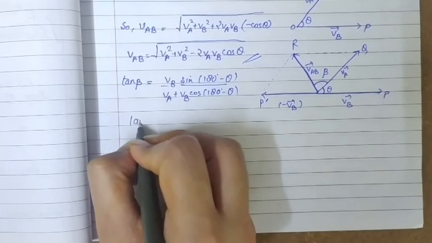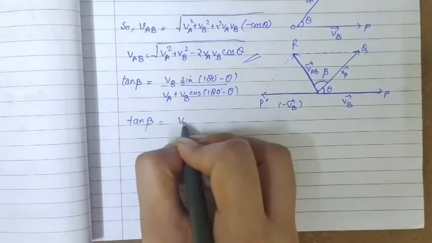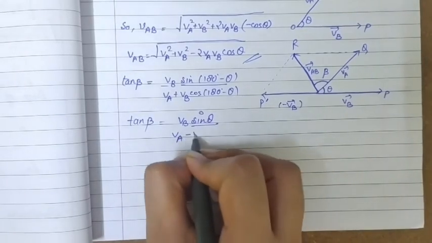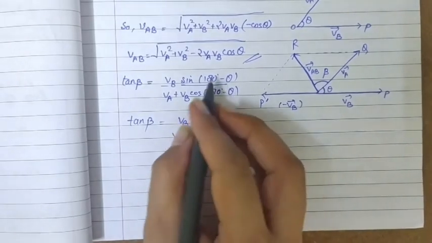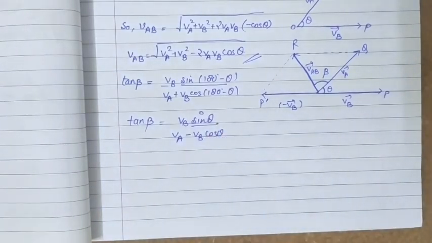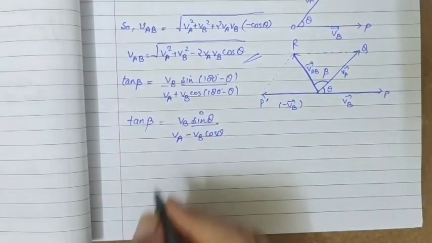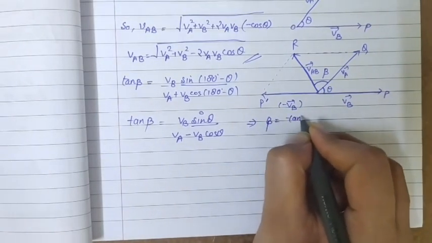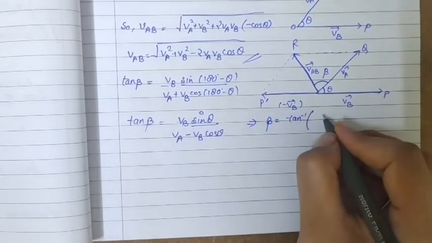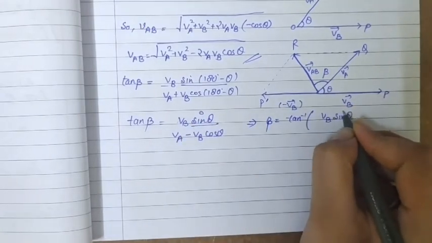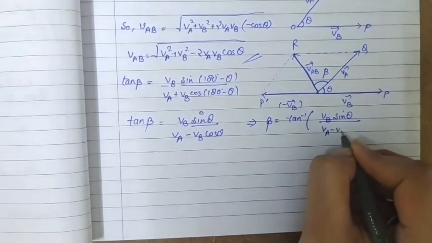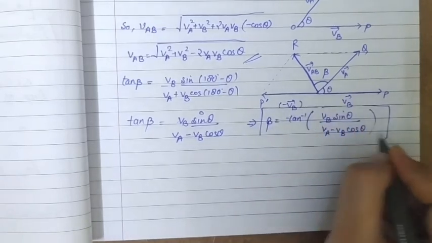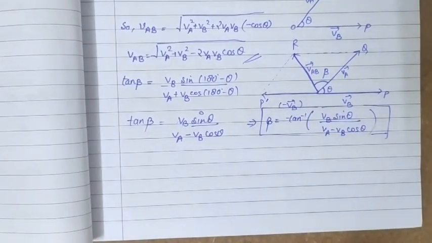On solving this, we get tan beta is equal to VB sine theta upon VA minus VB cos theta, since sin 180 minus theta is plus sin theta, and cos 180 minus theta is minus cos theta. So beta is equal to tan inverse of VB sin theta upon VA minus VB cos theta.